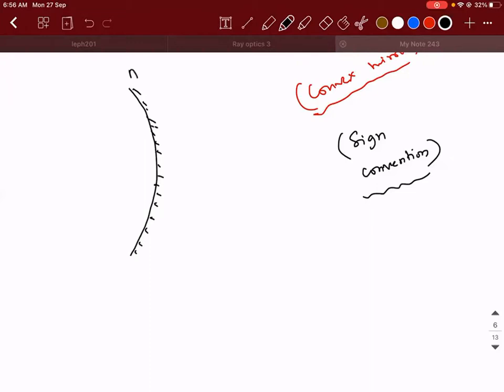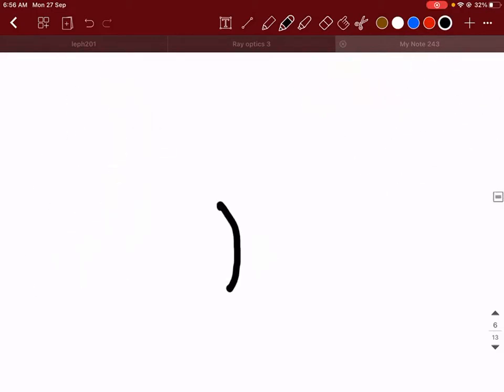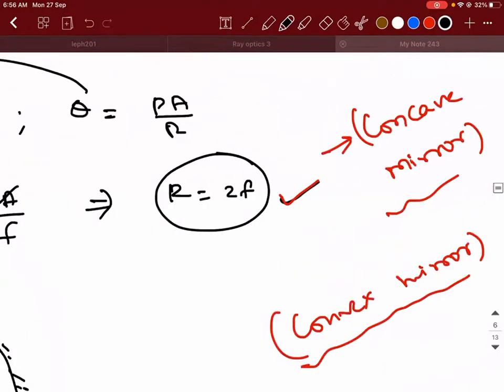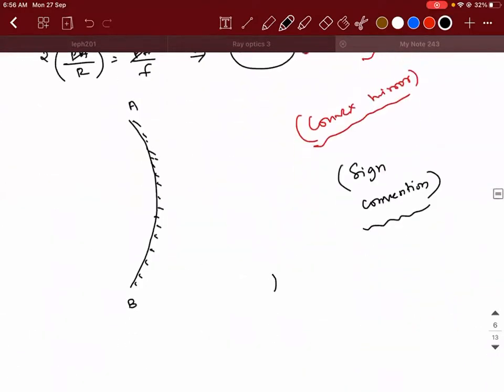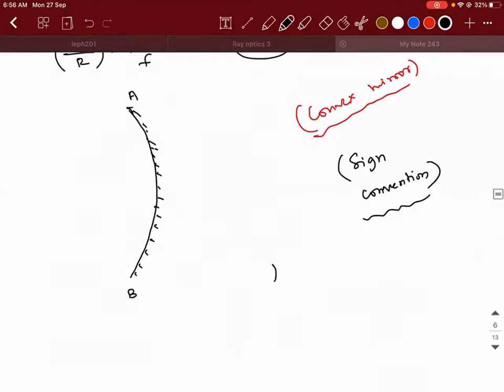Though the diagram is big, you have to imagine that A and B are very small. It is like you are zooming and seeing. When you zoom, it looks big, right? The diagram I've drawn here is the zoomed version of it. So this is the principal axis, right?